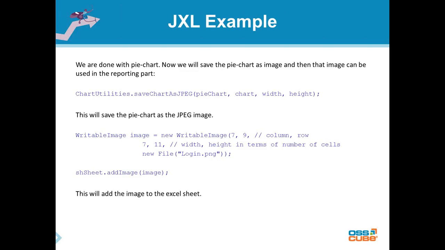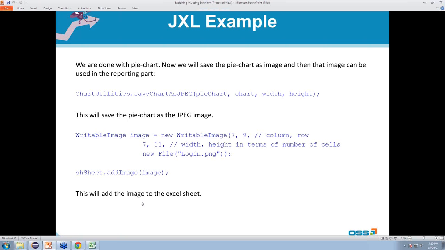Once our pie chart is converted into an image, we can add that image into our sheet by using the WritableImage class, with sheet.addImage and passing the image object into that. So this is how you can add your pie chart image to the Excel sheet. Let's quickly switch to Eclipse to understand this code.